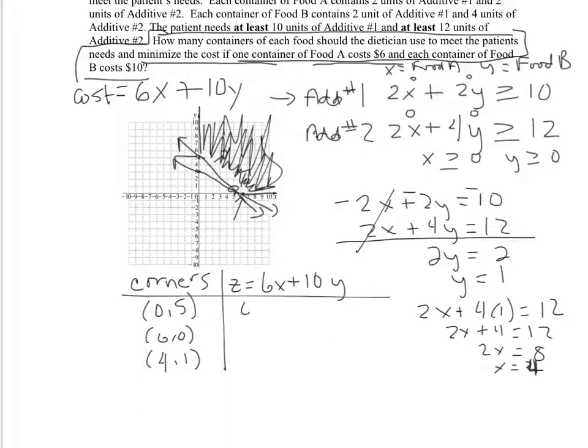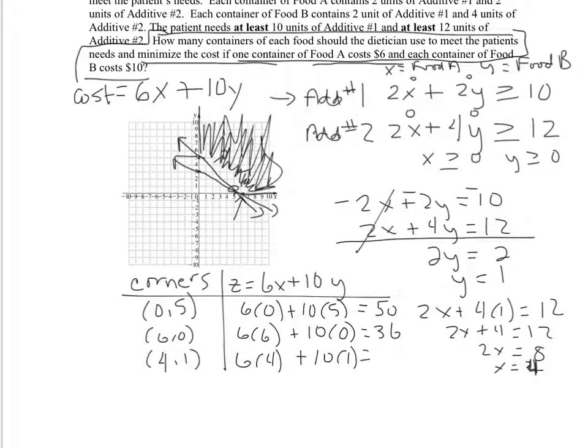So if we put in 6 times 0 plus 10 times 5, that's going to be 50. If we do 6 times 6 plus 10 times 0, that's going to be 36. And if we do 6 times 4 plus 10 times 1, we get 24 plus 10, that's 34.